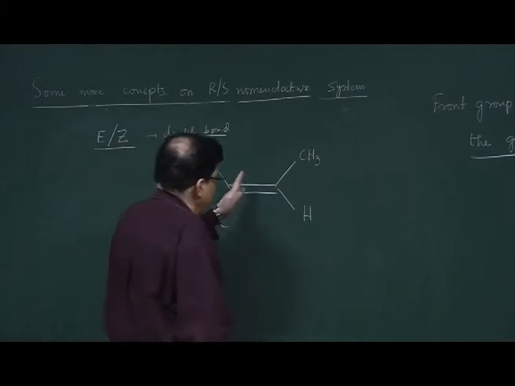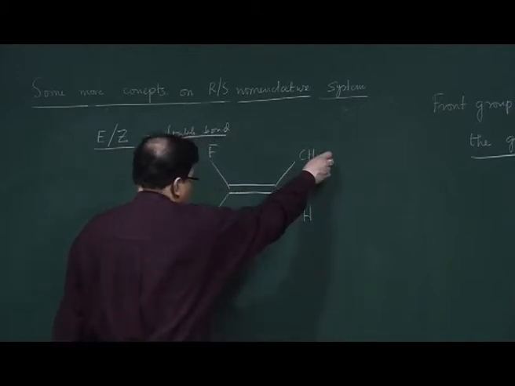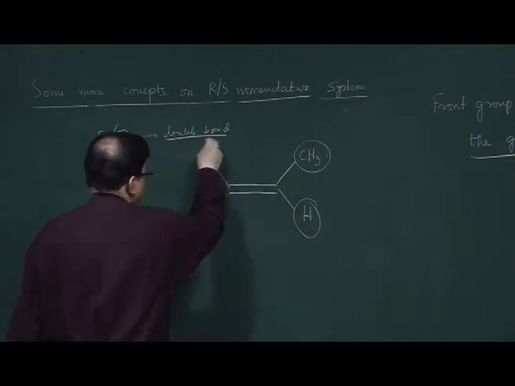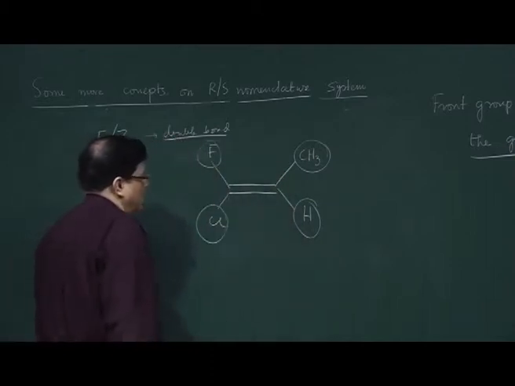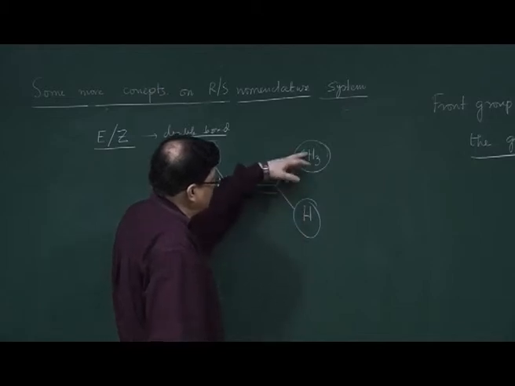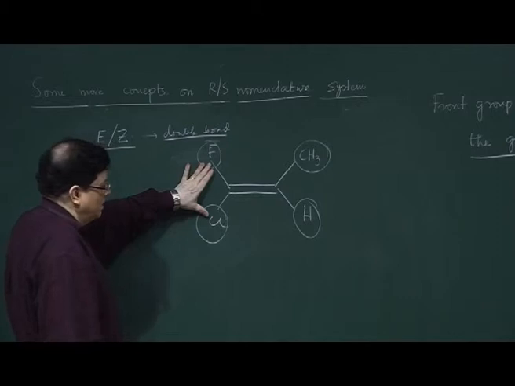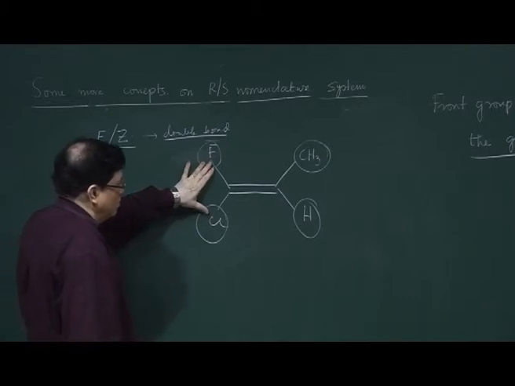So, instead what you do is, you see two groups here attached to one sp2 carbon and two groups here attached to another sp2 carbon. We assign the priority sequence between these two groups separately, and between these two groups separately.